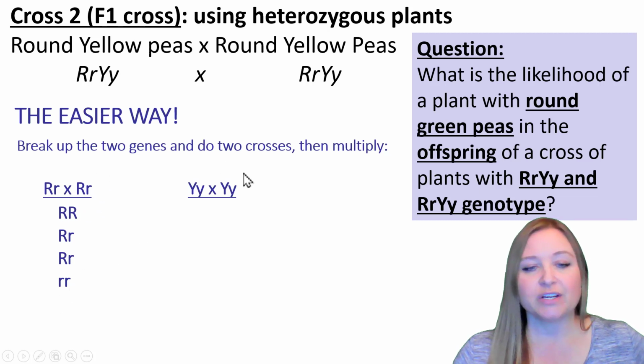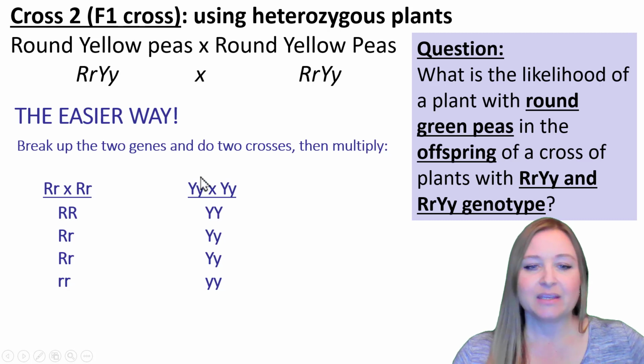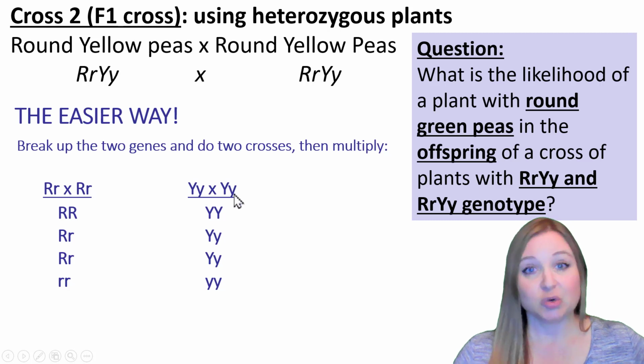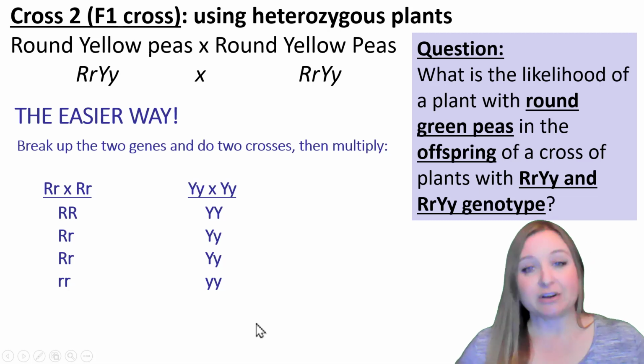Now, when we go over here at big Y from father and big Y from mother, these are the 4 different outcomes. Big Y little y, big Y, and little y little y. Now remember, for these in the middle, they're heterozygous. They have one of each. It doesn't matter how you write it.